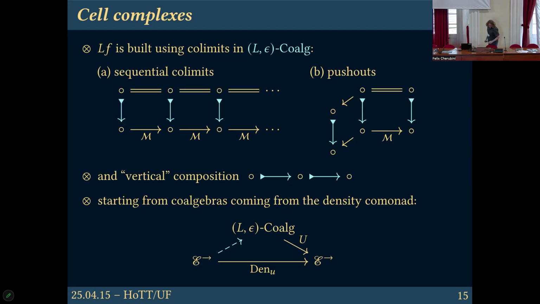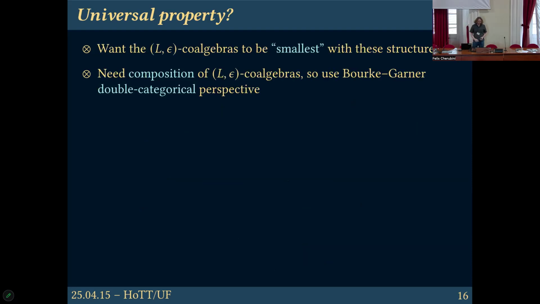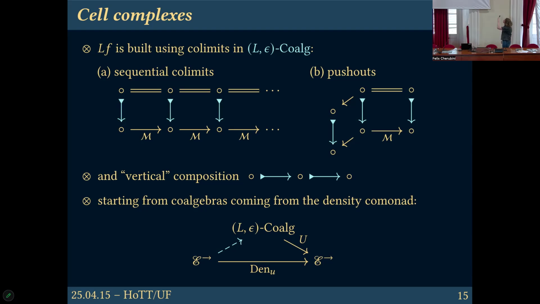Right, so you do those things, and where you're starting from is the coalgebras that come from this density comonad. So the density comonad factors through the forgetful functor from the L coalgebras. So those things are always left maps in a canonical way. And so that seems to be a cell complex description of what we get out of this argument.